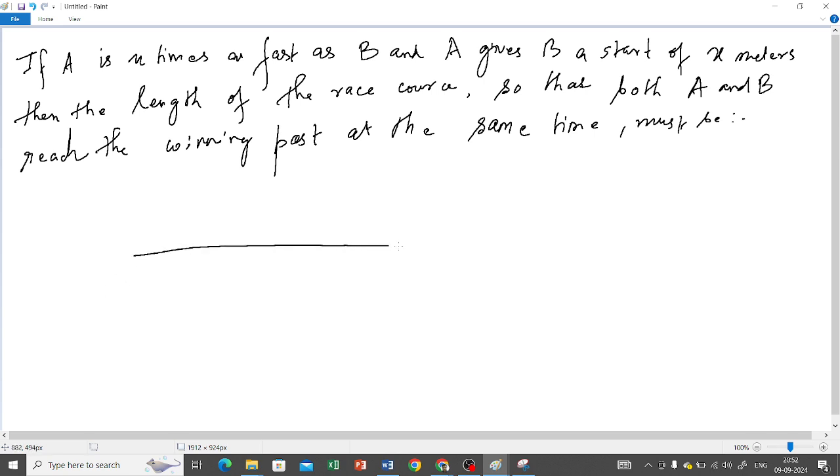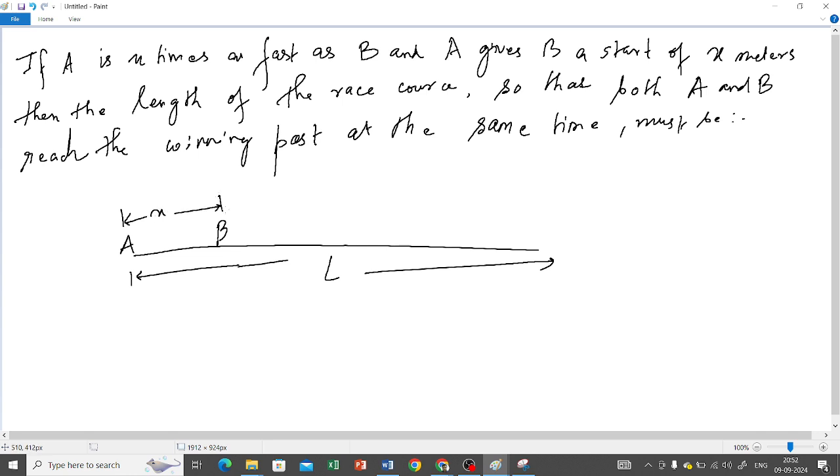So you see, this is the length of the race course, L. A is over here, but B is starting from here. That is the meaning of A gives B a start of x meters. So this is x. So how much does B need to travel?